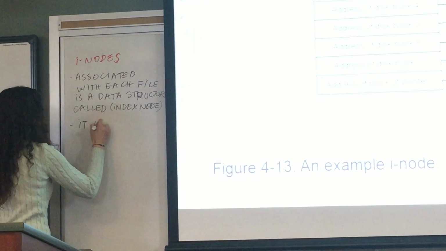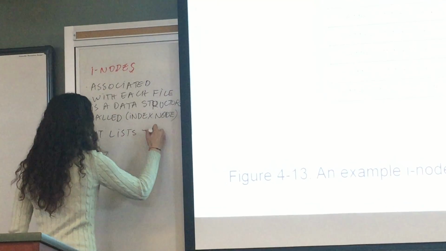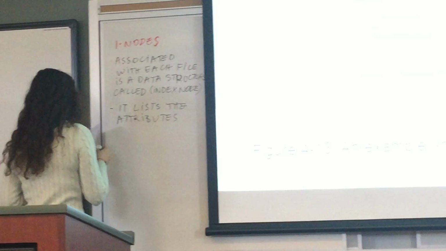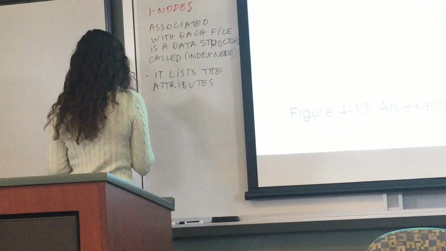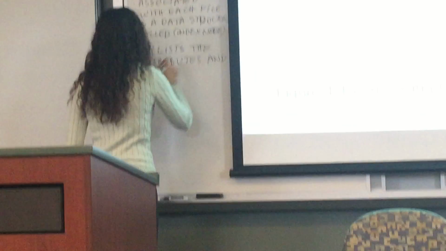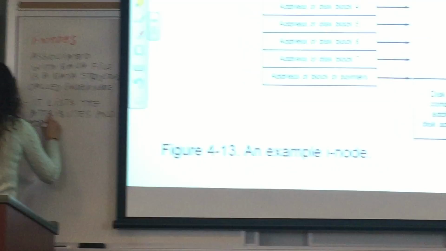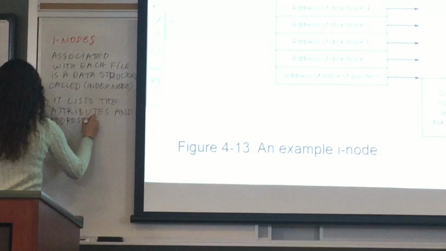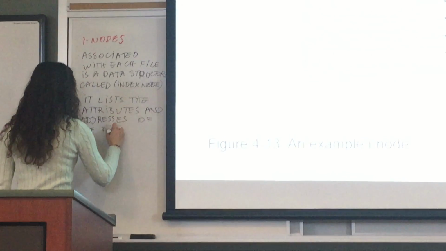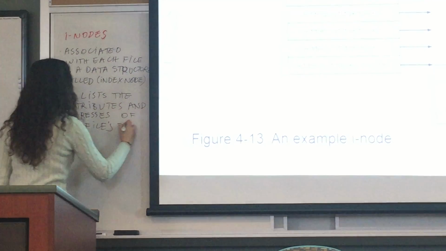This index node lists the attributes and the addresses of the disk blocks which comprise the current file. So it lists attributes and addresses of the file's blocks.